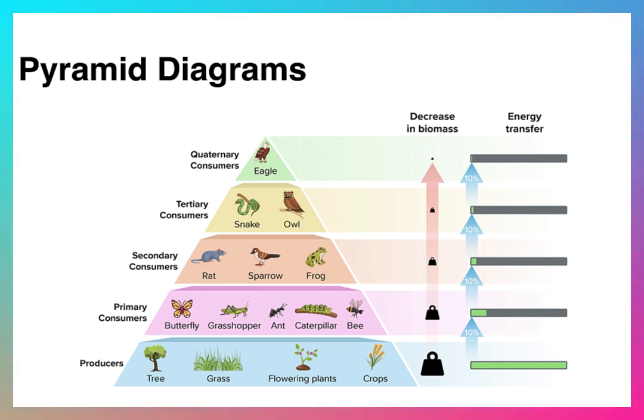You move up to the secondary consumers, the frog, the rat, the sparrow that eat these small primary consumers. You lose biomass and you lose another 90% of the energy. Moving to tertiary consumers, snakes and owls, you have a smaller biomass and you lose another 90% until you reach the apex predator, the quaternary consumer, in this case the eagle. You have an extremely small biomass and a very small remaining energy from the original amount of energy at the bottom.